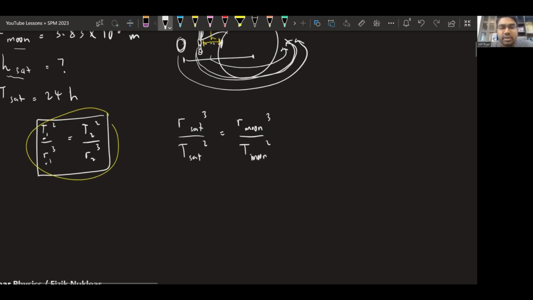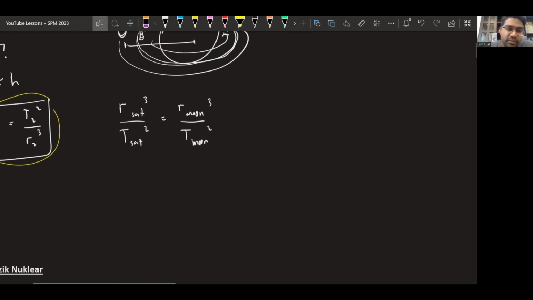So we just have to substitute all the values in. I'm straight away going to do this for you because this is revision. So the radius of the satellite will be, now what we have to do is multiply this and then cube root the whole thing.